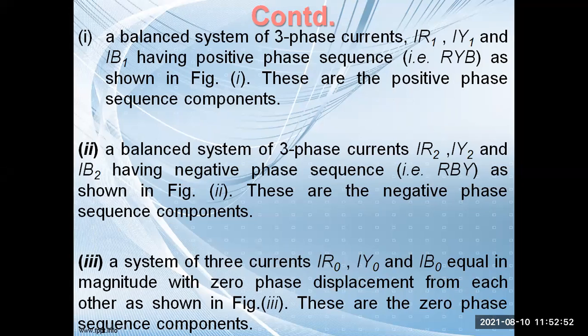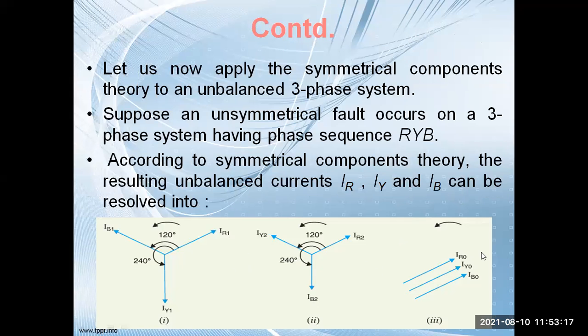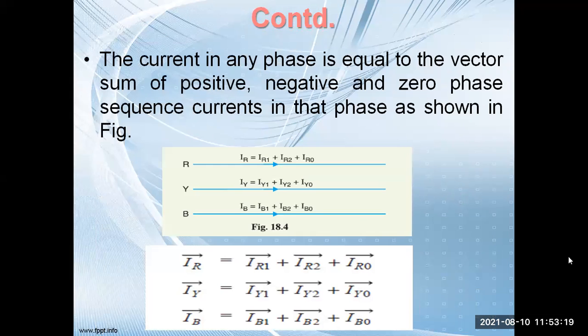Second is the balanced system of three-phase currents IR2, IY2, and IB2 having negative sequence current RBY, as shown in figure 2. These are the negative phase sequence components. And third is the system of three currents IR0, IY0, and IB0 equal in magnitude with zero phase displacement from each other, as shown in figure 3. These are the zero phase sequence components. So this is the description of the slide, corresponding to this diagram.